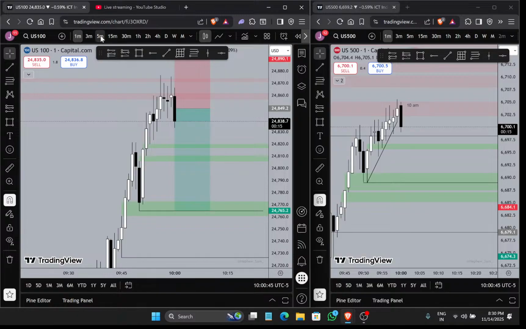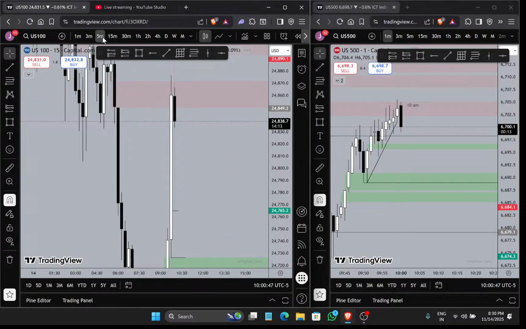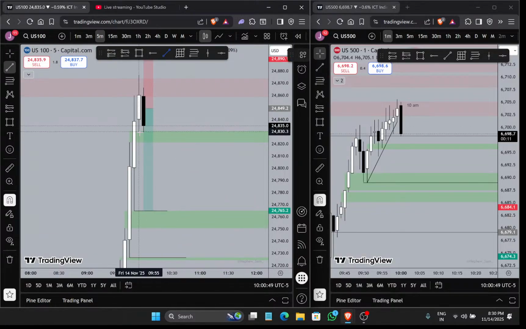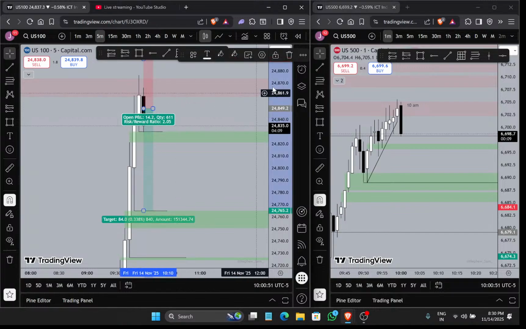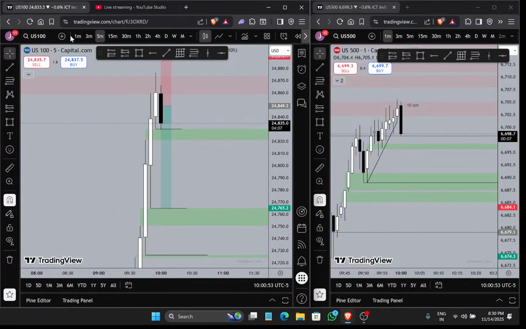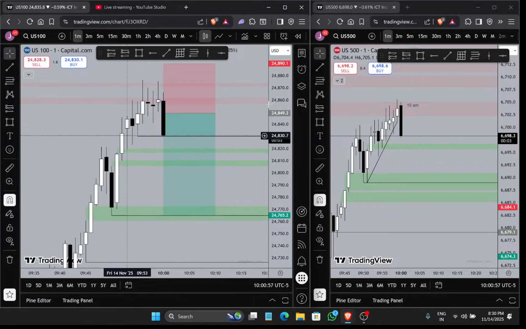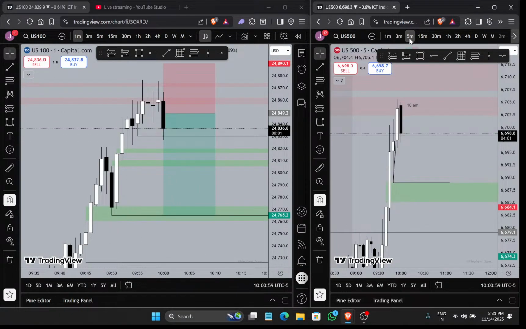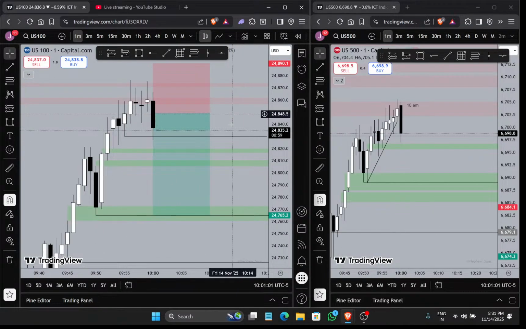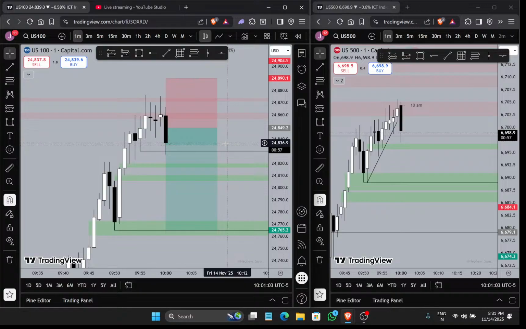I think the rebalance point will be the... Yeah, we got another 5 minute here. Maybe we will just rebalance from there. Let's look at the reaction now. 5 minute here. Yeah, we pretty clearly rejected from that level also.